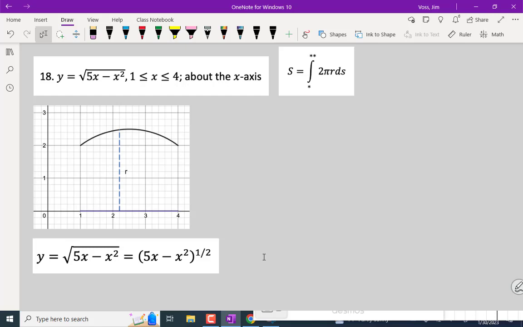Chain rule. Don't forget the chain rule when you do your derivative. We're doing number 18, that first one. When you differentiate this, the base is 5x minus x squared. So the chain rule piece would say multiply by the derivative of the base. So the half is going to come down.